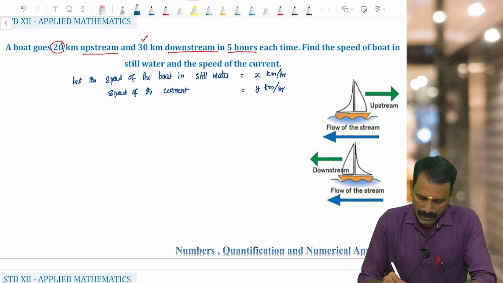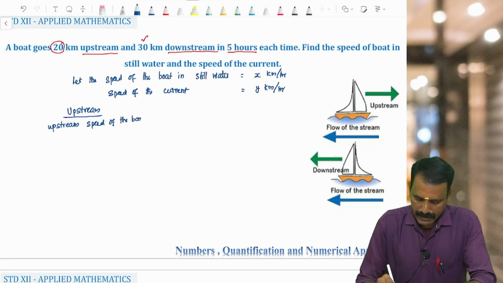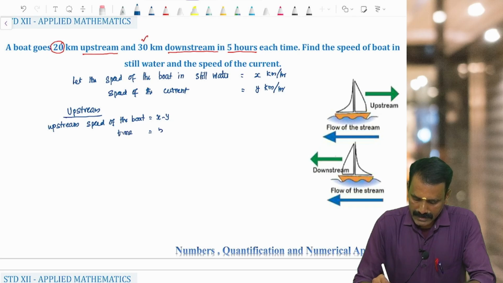Now, for upstream, we are doing the calculation. Upstream, speed of the boat will be taken as x minus y, and time is going to be 5 hours, and distance covered is 20 kilometers.